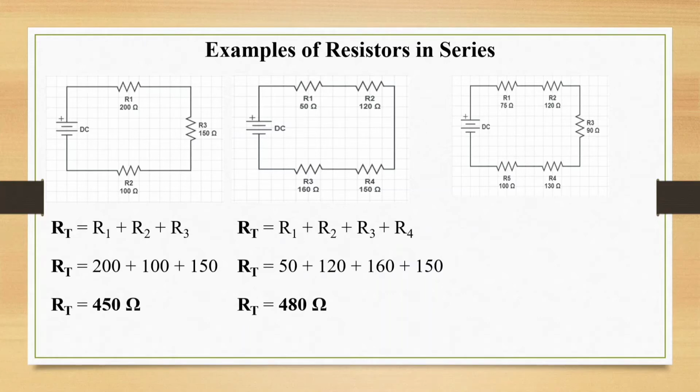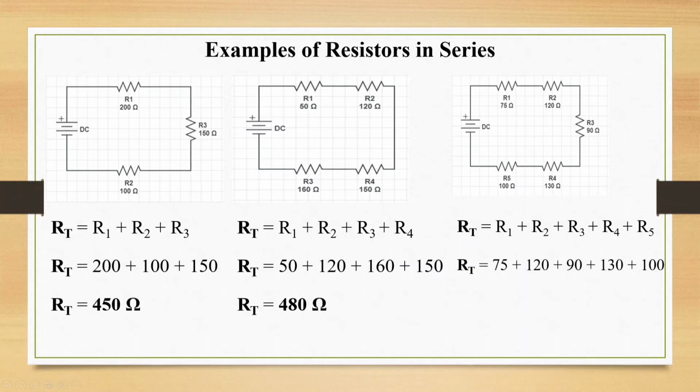Again, we have the formula: RT is equal to R1 plus R2 plus R3 plus R4 plus R5. Then we need to substitute the values: R1 is 75 ohms, R2 is 120 ohms, R3 is 90 ohms, R4 is 130 ohms, and R5 is equal to 100 ohms.